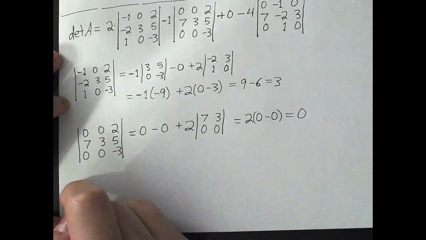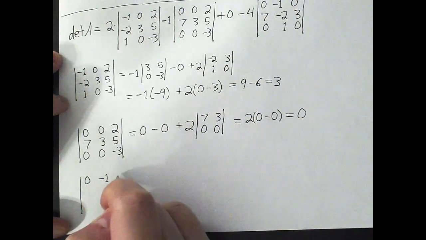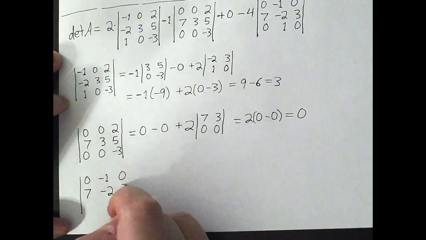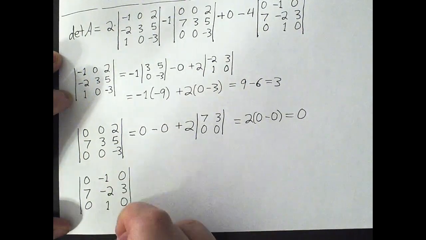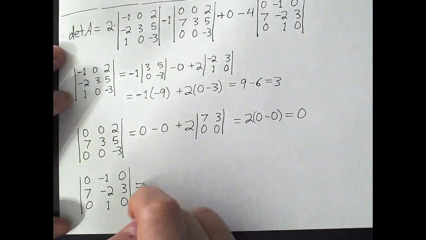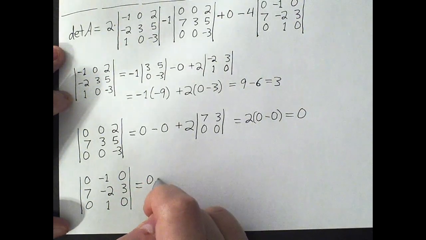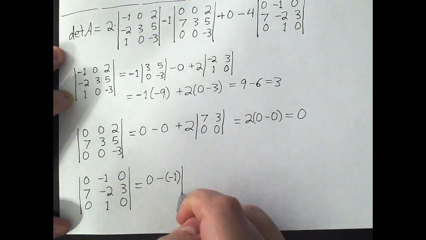We've got one more 3 by 3 determinant to do. And then after we do that, we have to piece this all together to find the final answer for the 4 by 4 problem. Oh, again, we've got some zeros. Let's say 0 times something, which I'm not even going to bother writing, minus -1. We'll do that just to be careful.